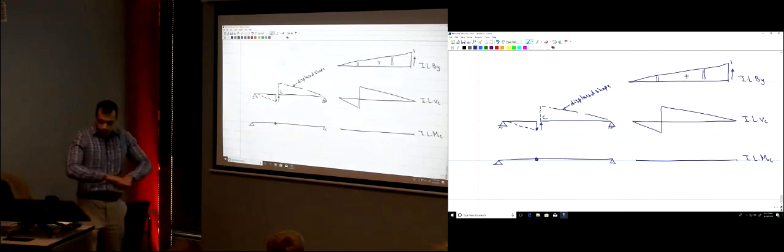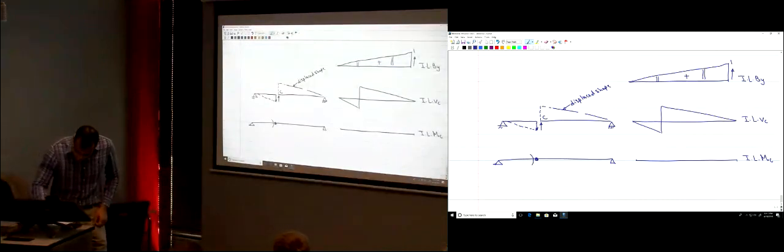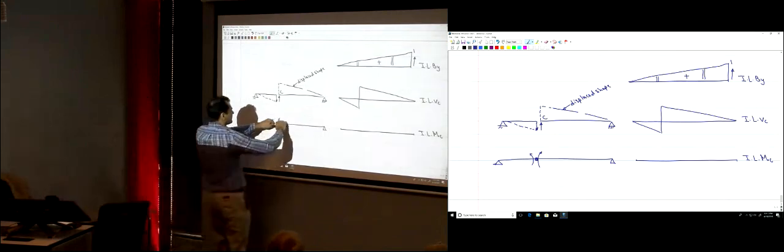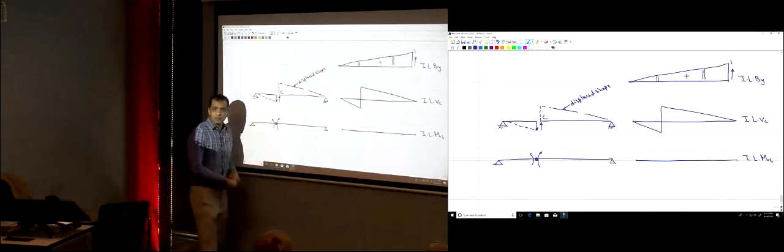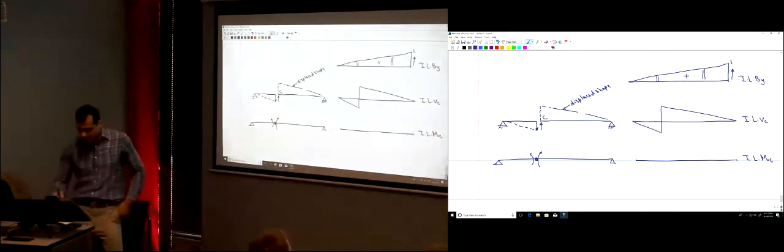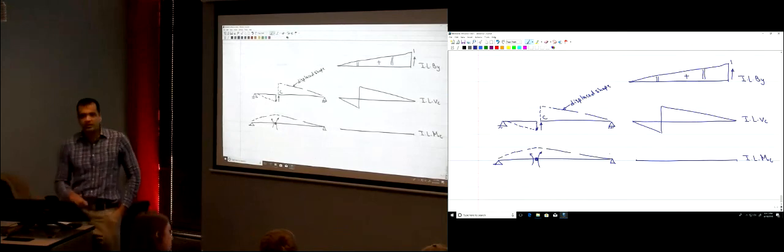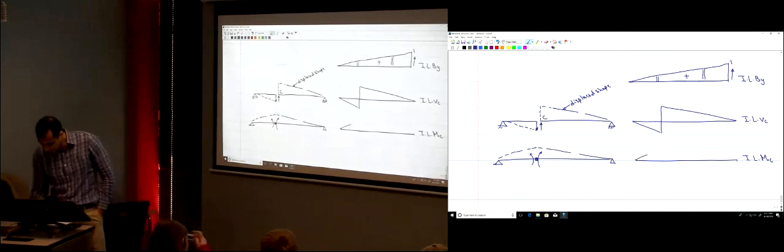Now I put a unit rotation. Just rotate the beam like this. How would the beam get displaced? That's the shape of the influence line.